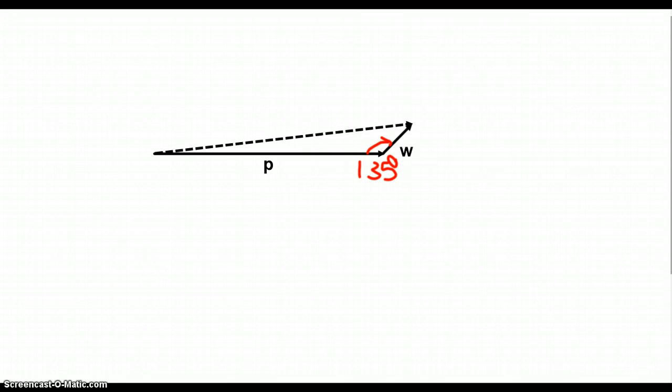Okay, and if we then want to figure out, hey, what's this result? If we know the magnitude of the plane, the magnitude of the wind, which we were given, the plane speed and the wind speed, in this case, to find out what the plane is actually doing, that speed, we would use the law of cosines, or the cosine rule.